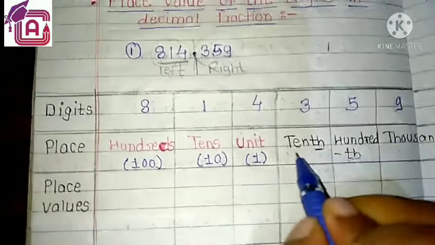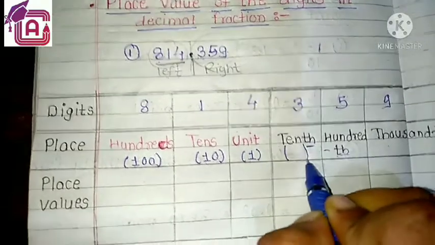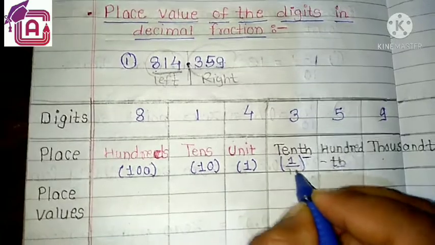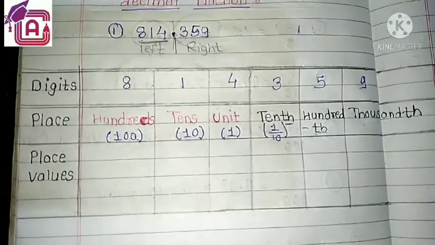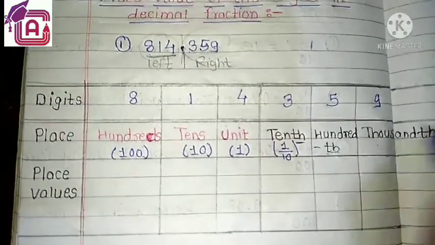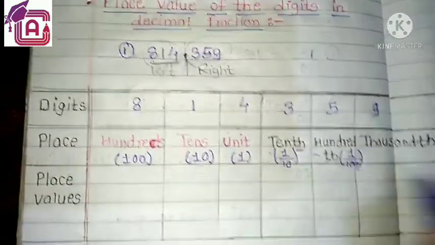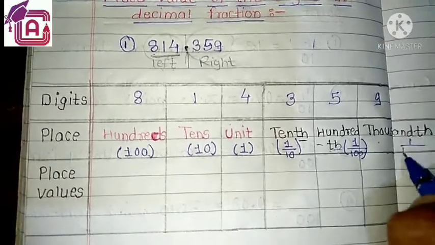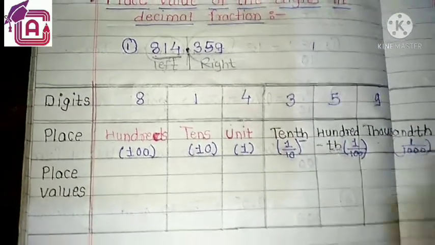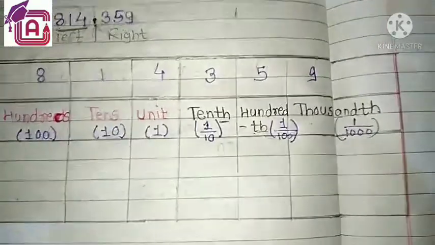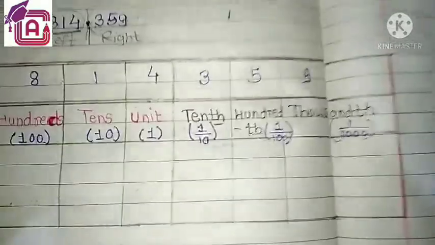Tenths means one part out of 10, hundredths means one part out of 100, and thousandths means one part out of 1000. This is read as 1 upon 10, which is tenths, 1 upon 100, which is hundredths, and 1 upon 1000, which is thousandths.